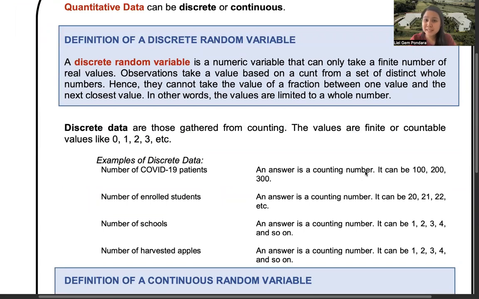Number of COVID-19 patients, like 0, 1, 2, 3, 4. Or number of enrolled students, number of schools, number of harvested apples. These are called discrete data. Now in the chat box, share with me, what other examples of discrete data do you know?